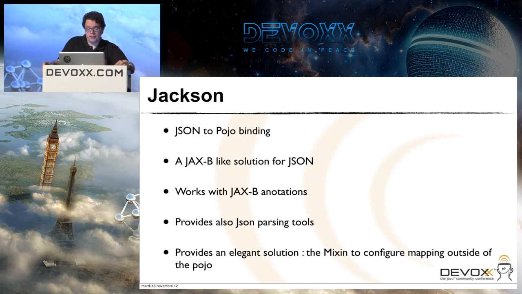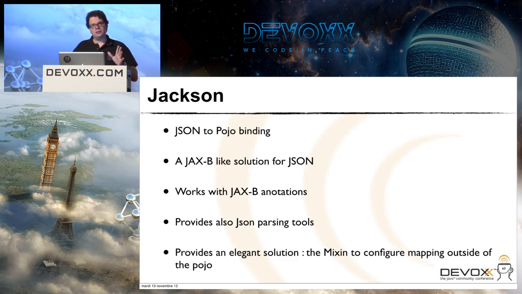It also provides more functionality like JSON parsing tools. And there is also an elegant solution that we use today to separate the POJO from the binding configuration, called the mixin. We'll see an example just after that.